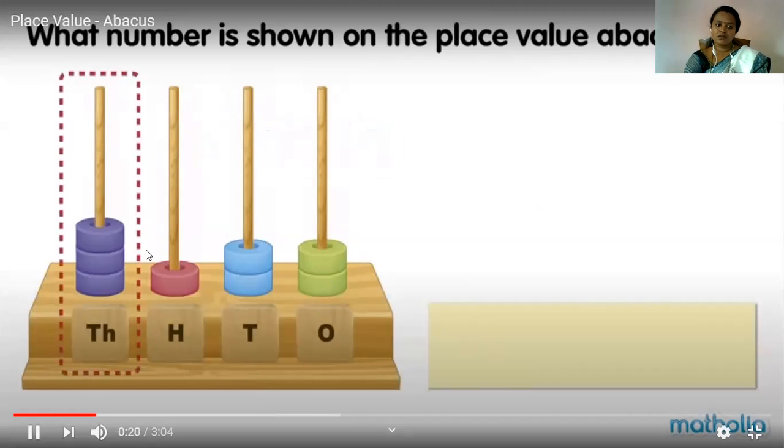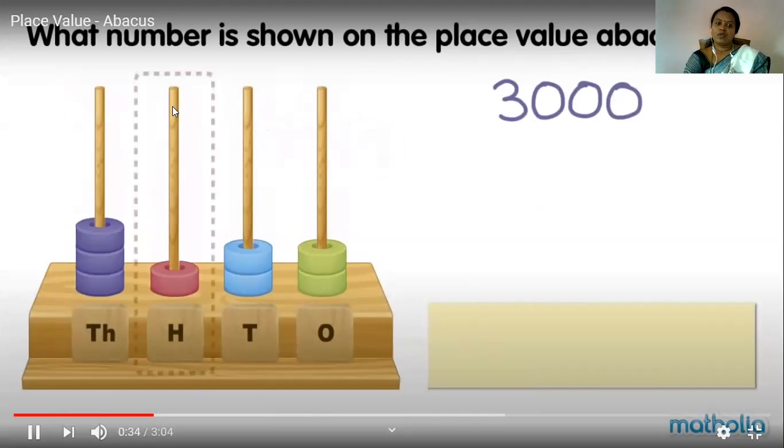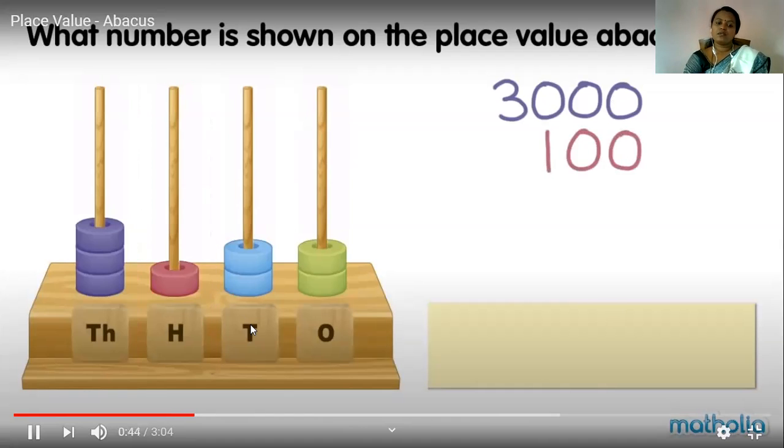So in the first spike, when you see, there are 3 beads. So the value of 3 would be 3000. In the same way, here we have the hundreds place, there is only 1 bead. So the value would be 100. Same goes for the tens place, we have 2 beads.